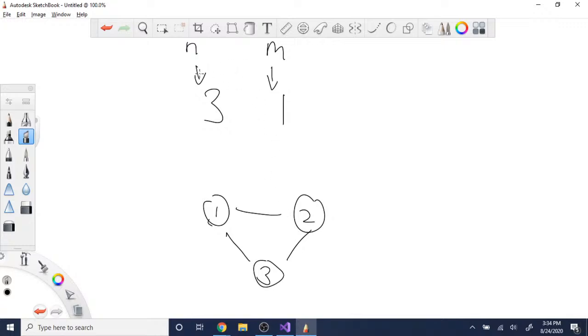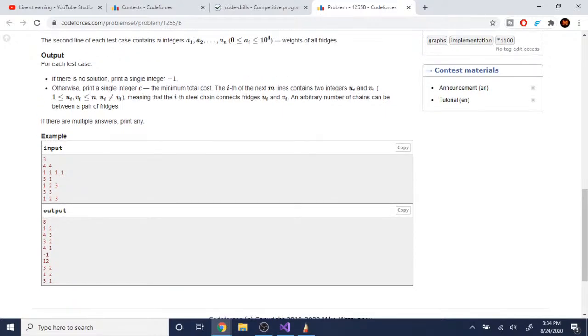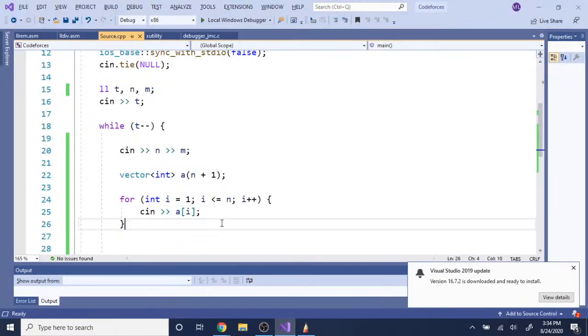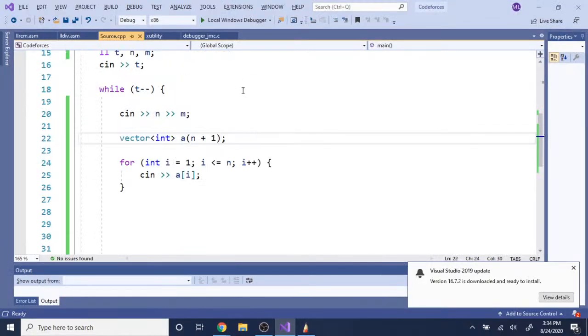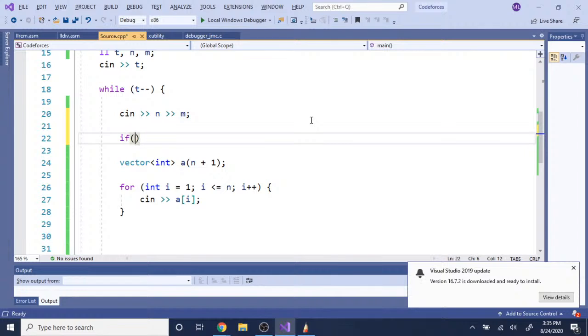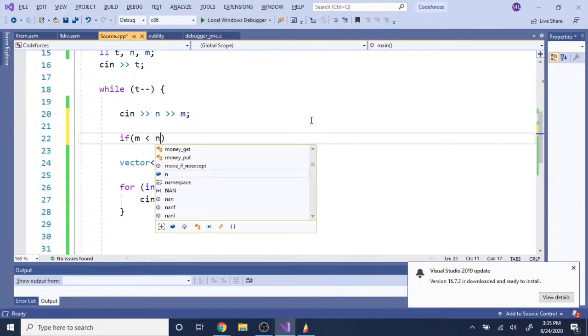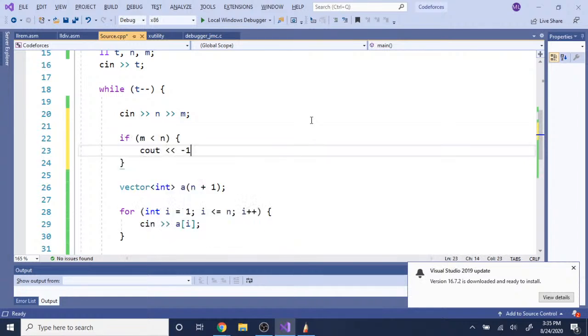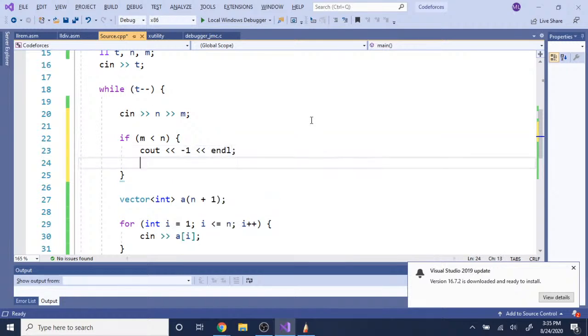So if it's less than n, you should print -1, from my understanding. So if m is less than n, I'm going to print -1 and then continue.